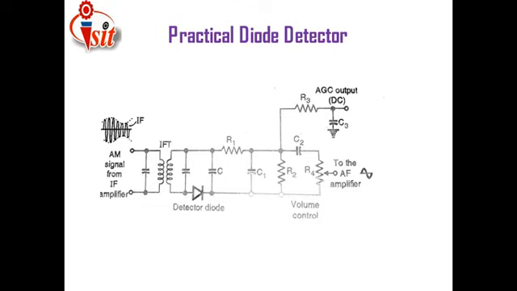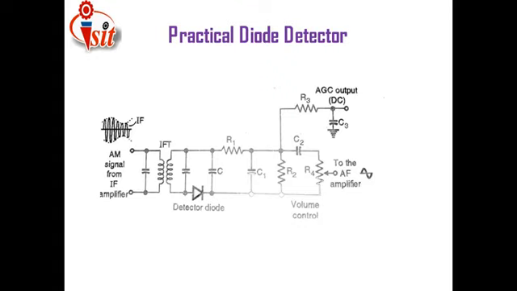What are these four different output signals? First is the oscillating frequency, second is the source frequency, third is the oscillating frequency minus the source frequency, and fourth is the oscillating frequency plus the source frequency. Out of these, FO minus FS, the oscillating frequency minus the source frequency, is what we consider the intermediate frequency.